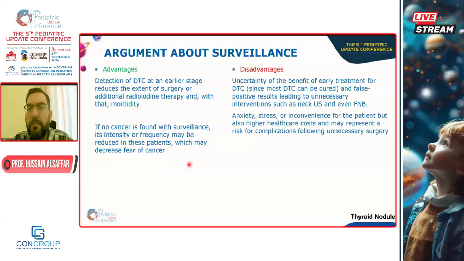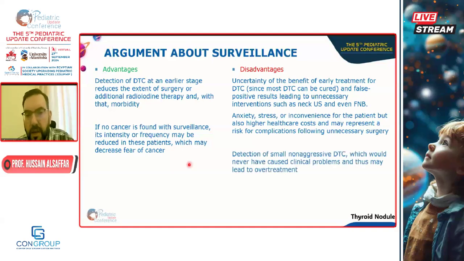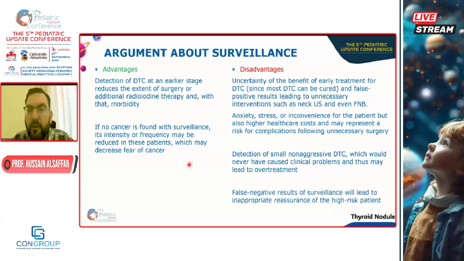That could also represent a risk for complications following unnecessary surgery, for example, damage to the parathyroid glands. Detection of small non-aggressive DTC, which would never have caused clinical problems, may therefore lead to over-treatment. Another disadvantage is that false negative results of surveillance will lead to inappropriate reassurance of high-risk patients, and that would lead to less trust in the healthcare system.